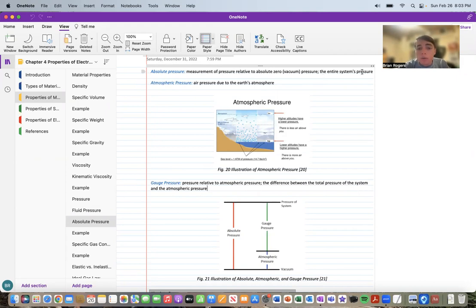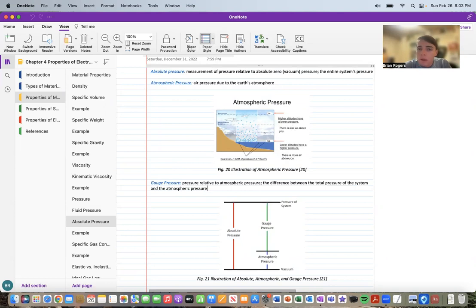With reference to absolute zero, let's look at this example. Within the atmospheric pressure, which is due to the Earth's atmosphere, we're going to see that higher altitudes have lower pressure because there's less air above you.